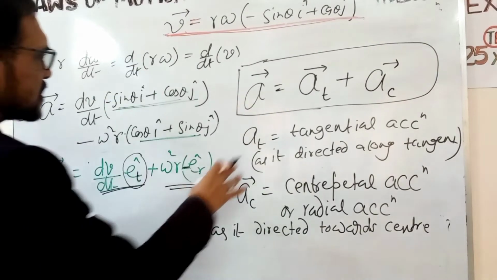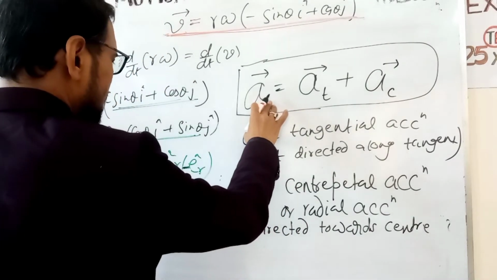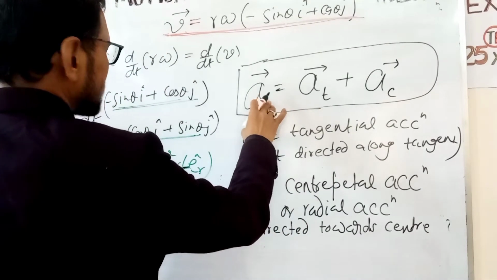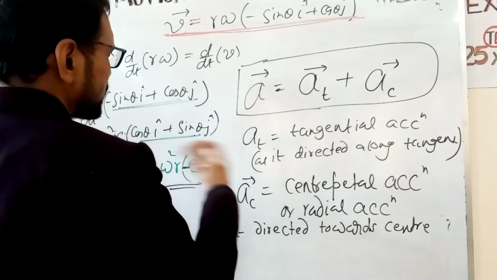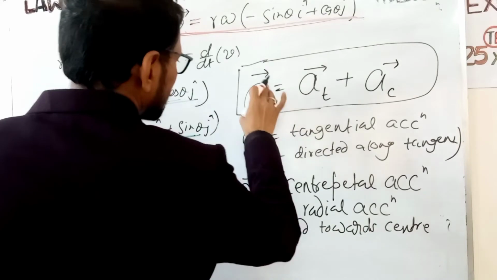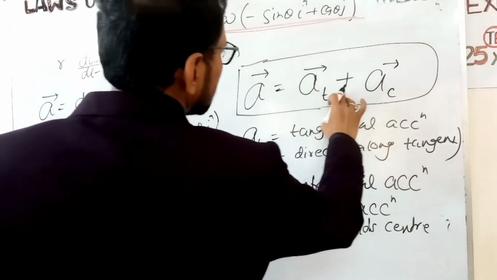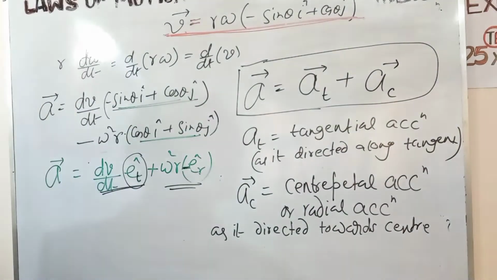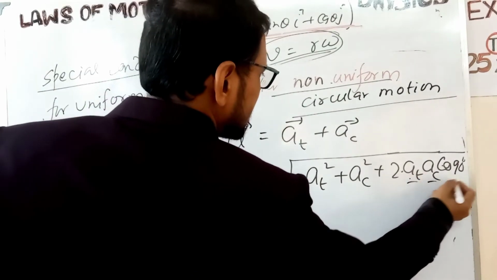From numerical calculation we get the acceleration of a rotating particle in a circular path. It may be uniform or non-uniform. The acceleration of any particle at an angle theta at any position is this plus this. Now what is the special condition? The angle between AT and AC is 90 degrees.